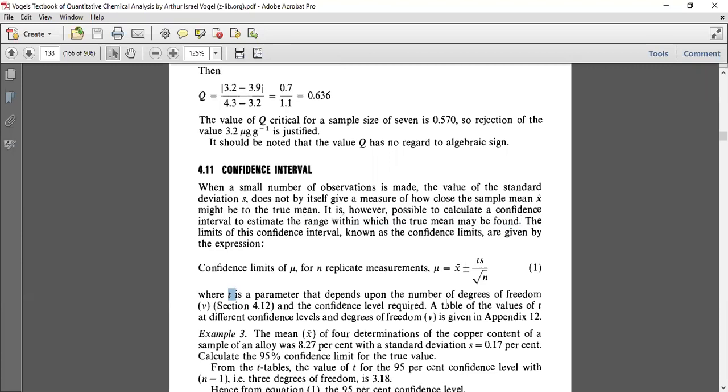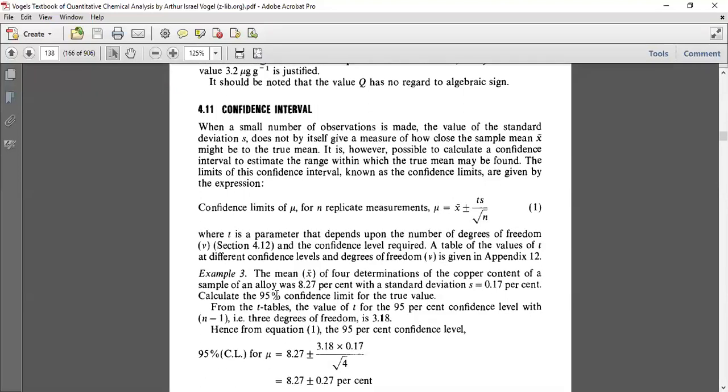Here also the same table of T values is given for different degrees of freedom in appendix 12. So here also the examiner will provide whatever is needed in the exam. He or she will give you the key, for 10 observations, refer to this T value.